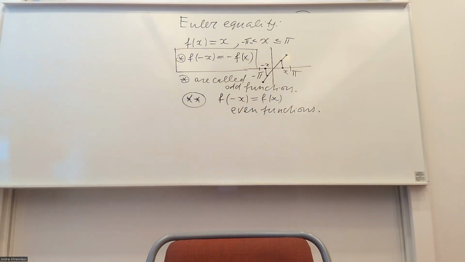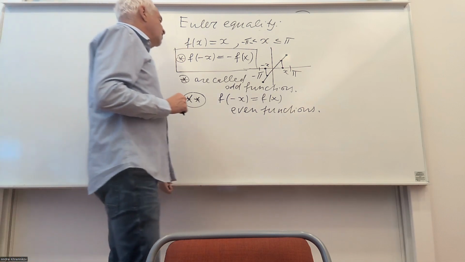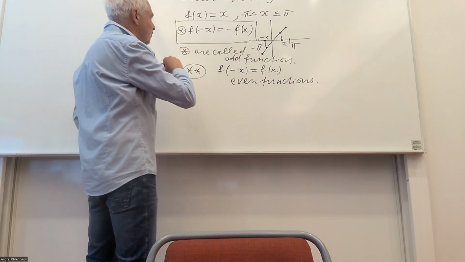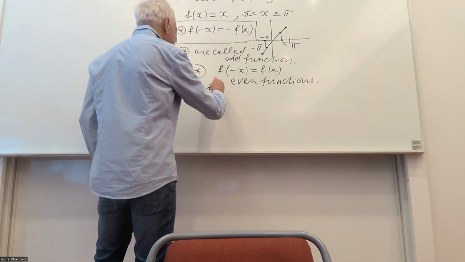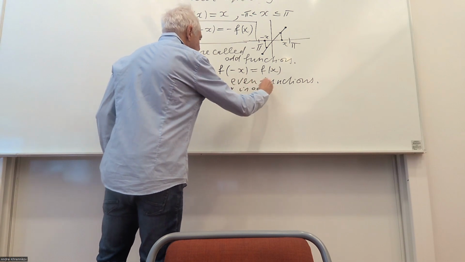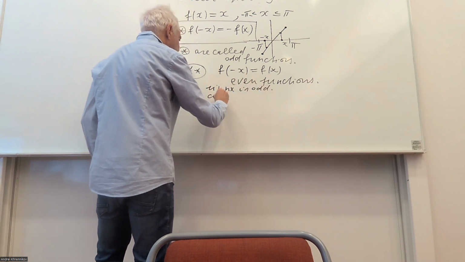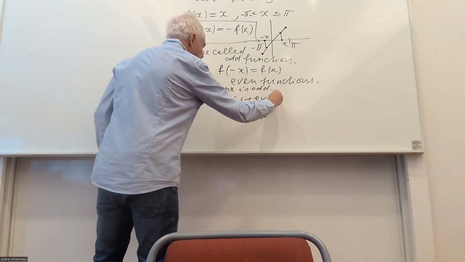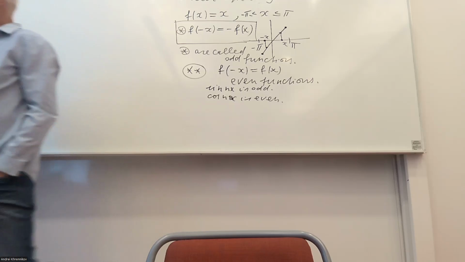For example, besides x, which is an odd function, sinus nx is odd. Cosinus nx is even.